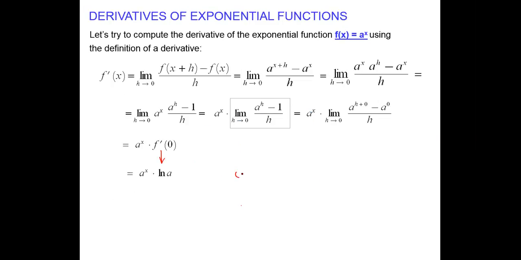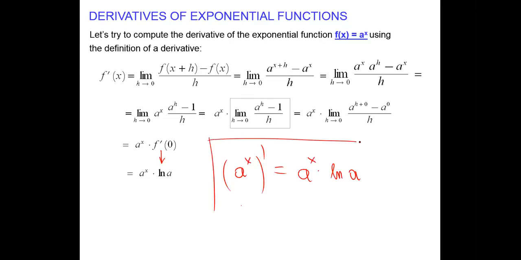This is the first formula: the derivative of a to the x is a to the x times ln of a. That's the formula we have to remember and apply wherever needed. The derivative of a to the x copies the same function, a to the x, times ln of a.